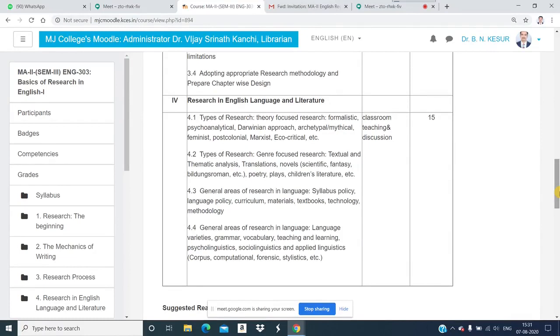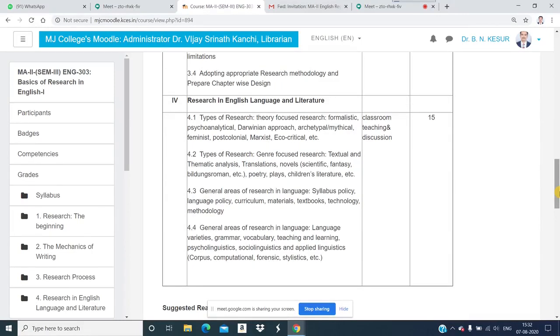For example, syllabus policy. Recently you might have heard about the new National Education Policy. NEP is actually a broad area, but there you can focus on the language aspect.